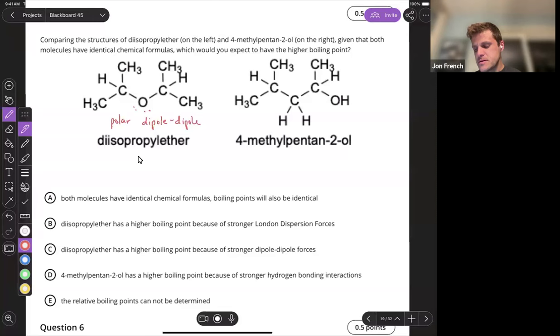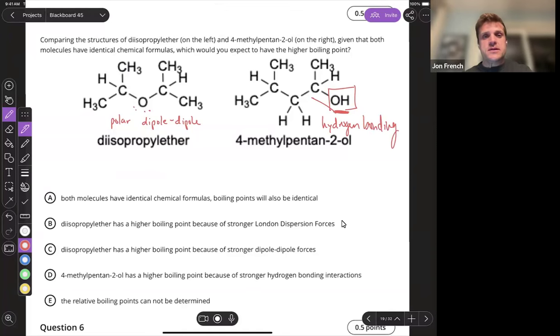Whereas over here, I've got an oxygen connected to a hydrogen. We have the strongest intermolecular force possible: hydrogen bonding. Because I have that hydroxyl group, that OH, I have the potential for hydrogen bonding. That should have the strongest intermolecular force of those listed.